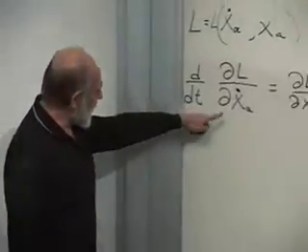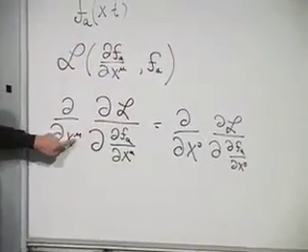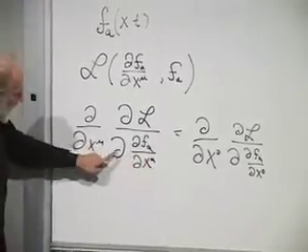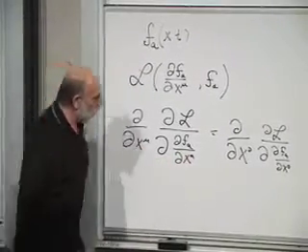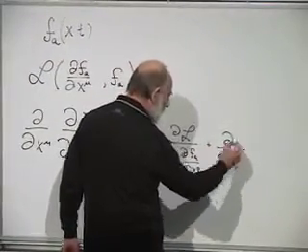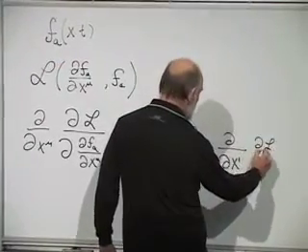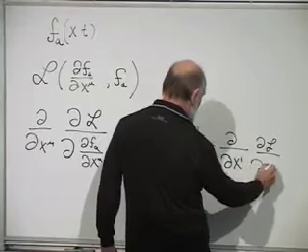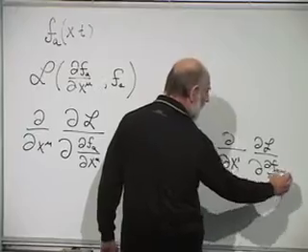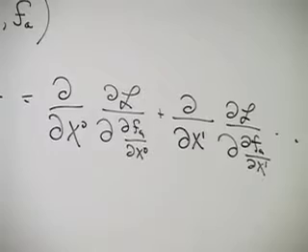In other words, the analog of this. But then there were more terms. There was also, remember the Einstein summation convention, whenever you see a repeated space-time index like that, it means you sum over it. So there's also the derivative with respect to x1 of the same kind of thing, the derivative of the Lagrangian with respect to the derivative of f a with respect to x1, and so forth and so on for the other 2 coordinates.